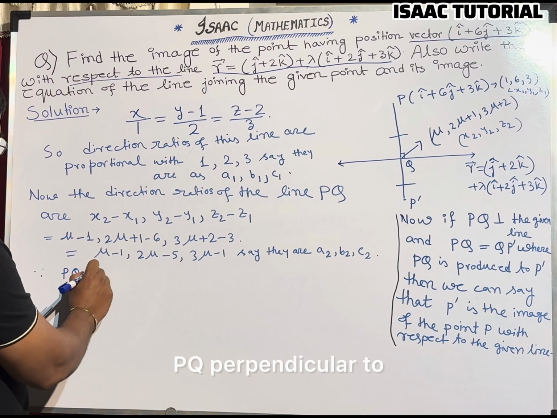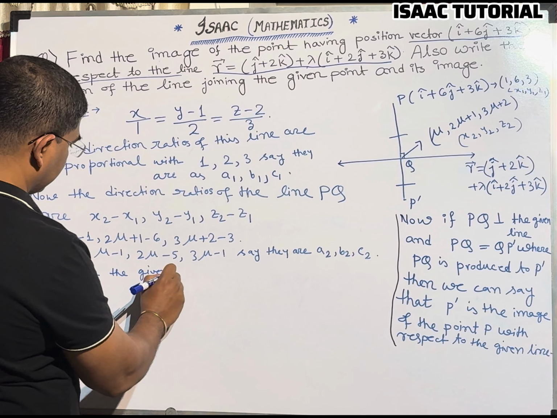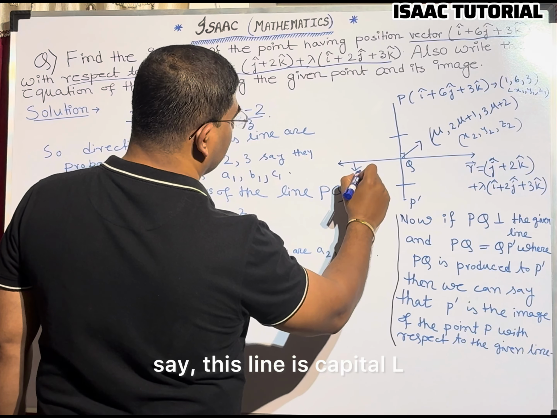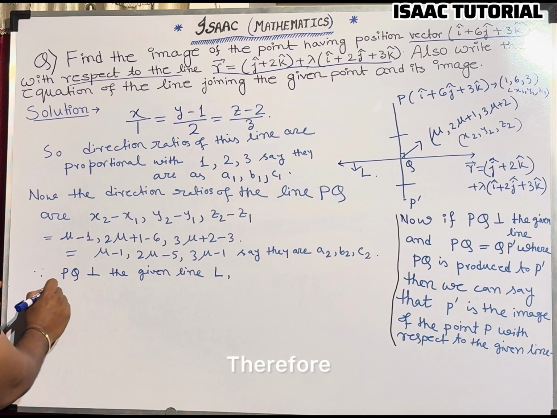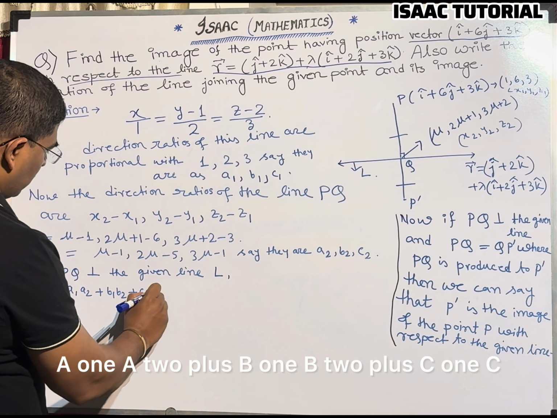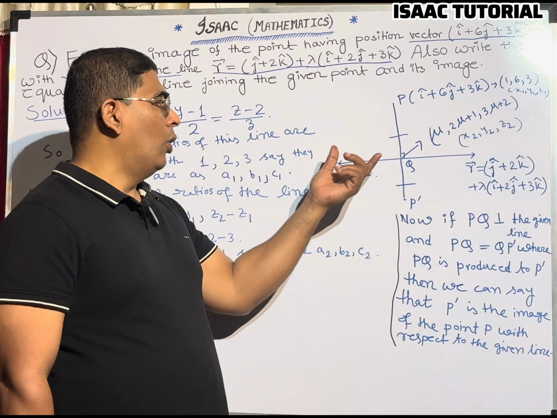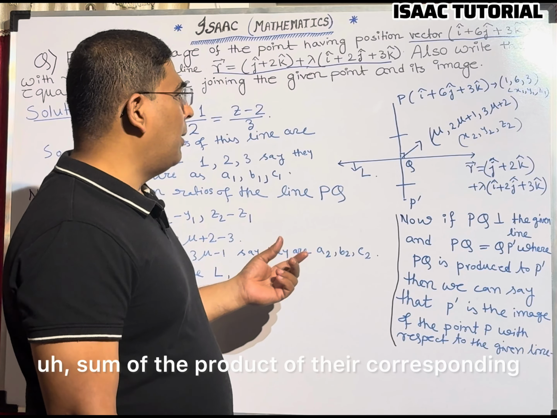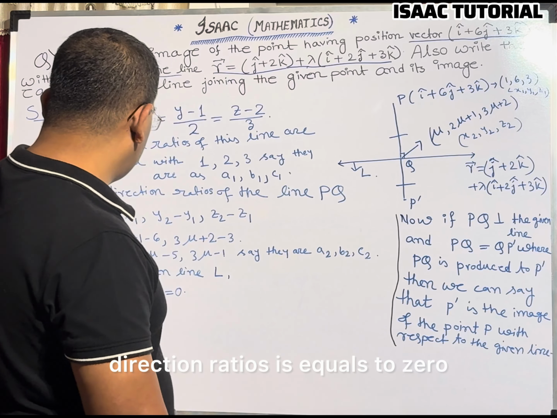Since PQ is perpendicular to the given line, say this line is capital L. Therefore, A1 A2 plus B1 B2 plus C1 C2 equals 0, as when two straight lines become perpendicular, the sum of the products of their corresponding direction ratios is equal to 0.